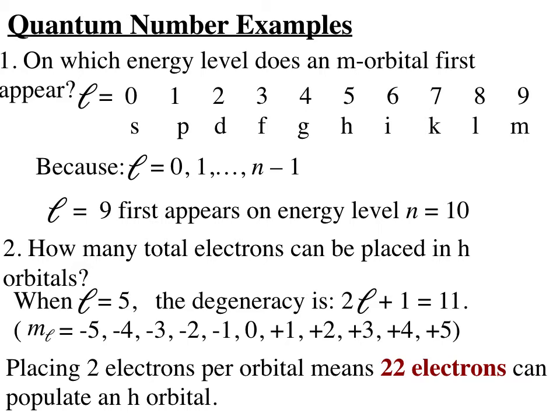Or from the m sub L values, they start at minus 5, go through 0, and go up to plus 5, and that counts out 11 orbitals. Now, since each orbital can be doubly occupied with a spin up and spin down electron, 2 electrons per orbital, that means an h orbital could hold 22 electrons.